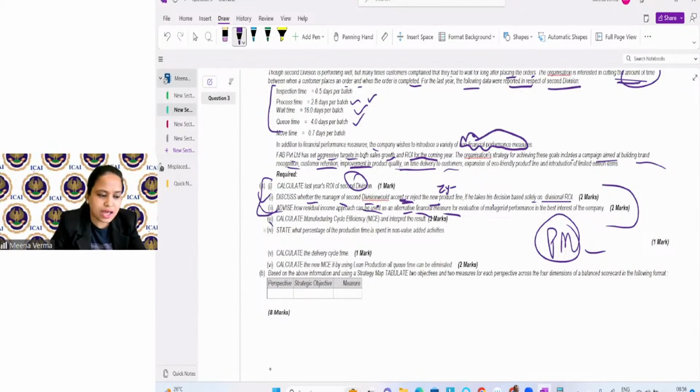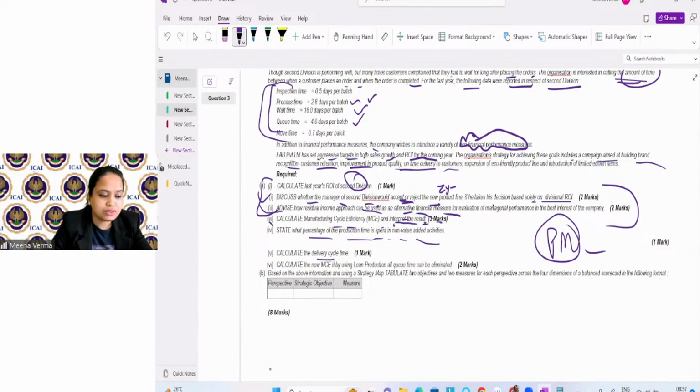Then third is what? Calculate the manufacturing cycle efficiency. Now this is the part of our question. They're asking you to find the manufacturing cycle efficiency and interpret the result. Obviously for the second division, because the information is given for the second division. All right. Then state what percentage of production time is spent on non-value-added activity. How much time they are spending on non-value-added activity.